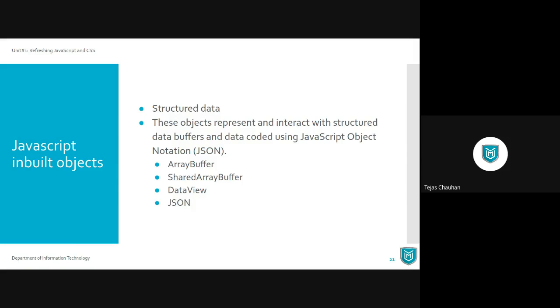So when we want to transfer data from one system to another system, there must be some kind of common format which both the systems can understand. And earlier there was XML, and nowadays XML is also being used, but JSON is another format which is mostly used to transmit data.